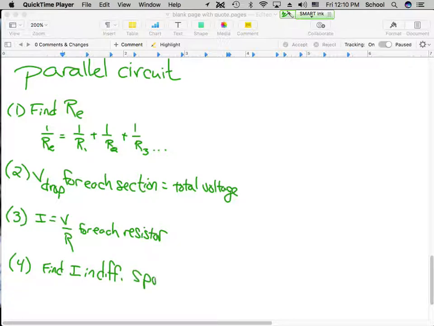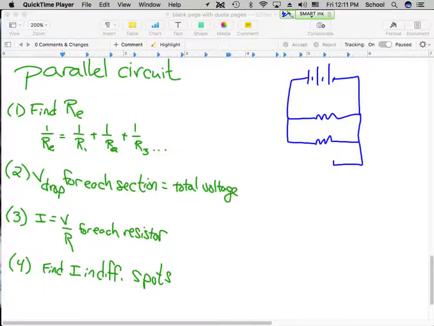Lastly, we will find I in different spots and do a little mental check like we did with the series. So, yesterday we had three resistors hooked up to a battery, right? So we're going to do that exact same equipment today, except we are going to hook them in parallel.